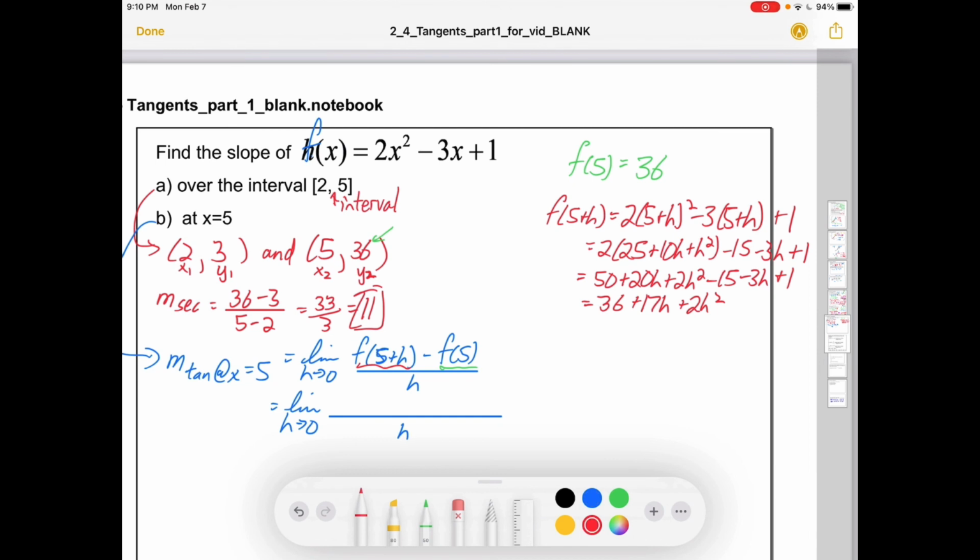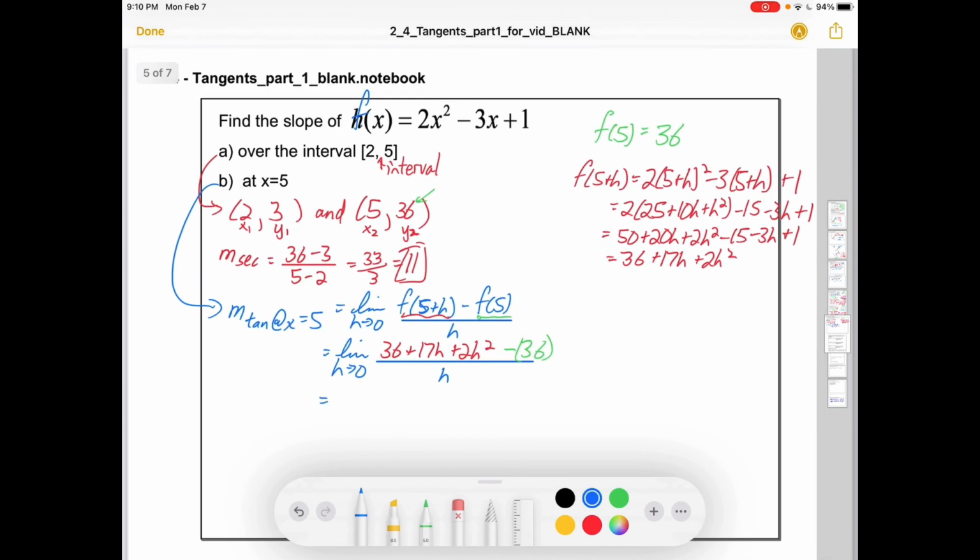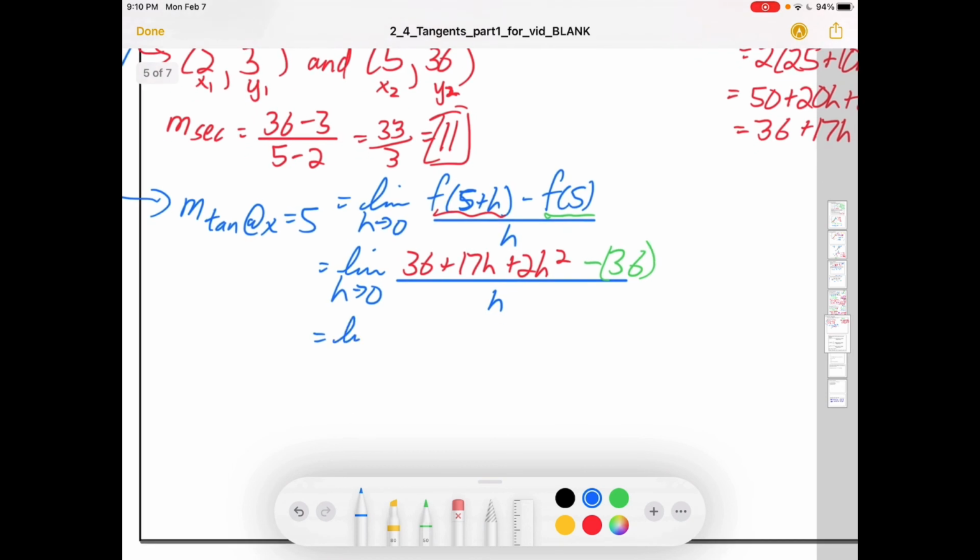So f of 5 plus h is 36 plus 17h plus 2h squared. F of 5 is 36. You can see those 36's add to 0. So we get 17h plus 2h squared all over h.